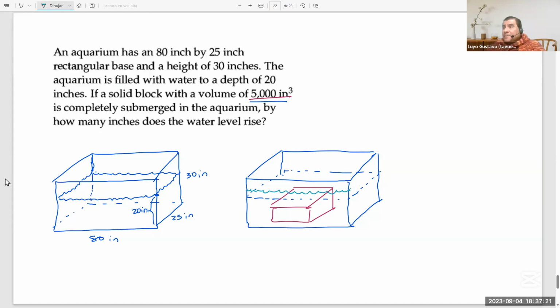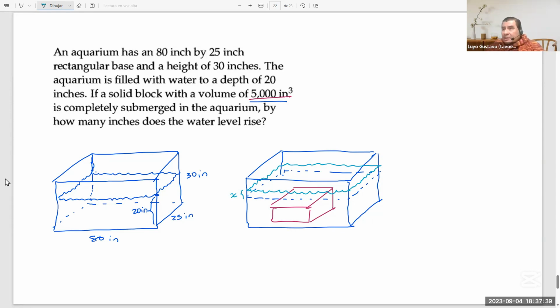Because now it will ascend a number of inches, x, which is exactly forming a layer of water above the original level of water in the aquarium.